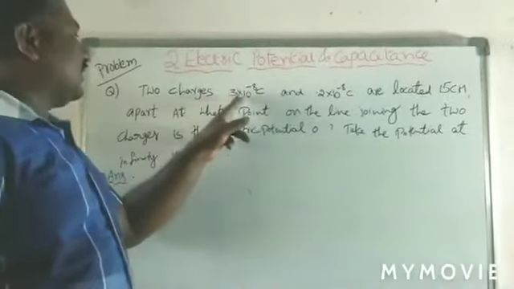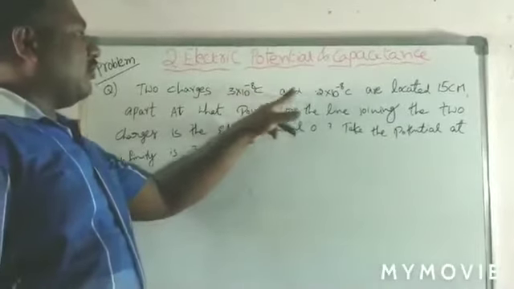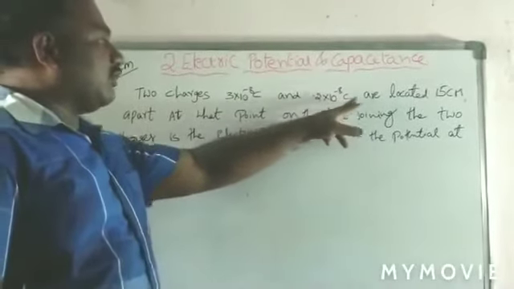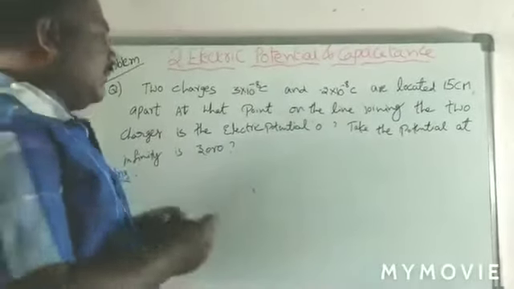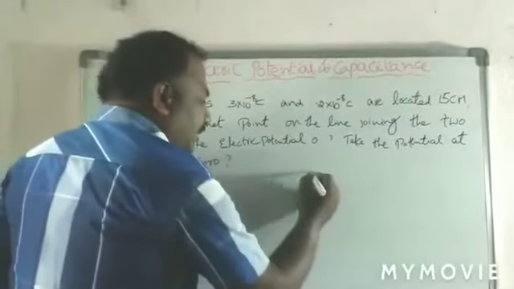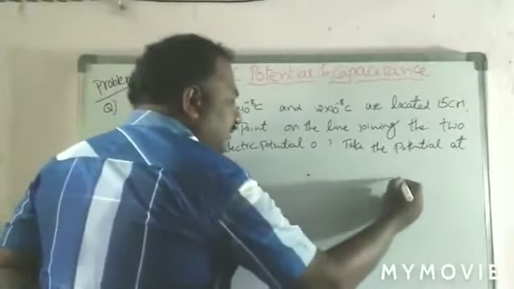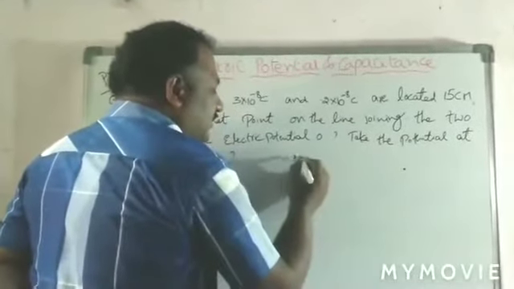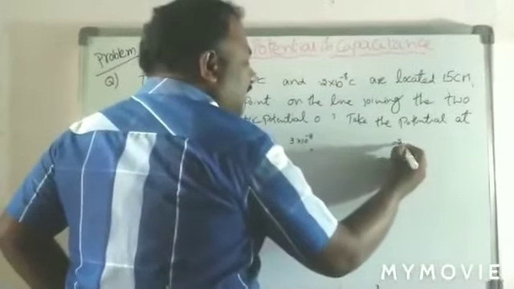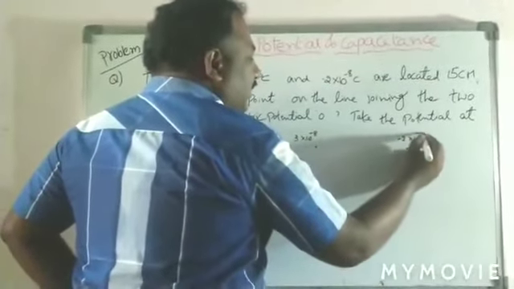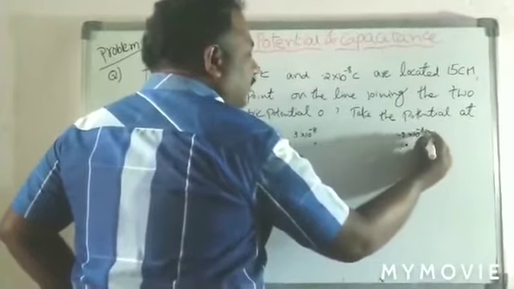Two charges, 3 into 10 power minus 8 coulomb and minus 2 into 10 power minus 8 coulomb, are located 15 centimeters apart. First, draw the diagram. There are two charges they given. One charge is 3 into 10 power minus 8 coulomb. The second charge is 2 into 10 power minus 8 coulomb.